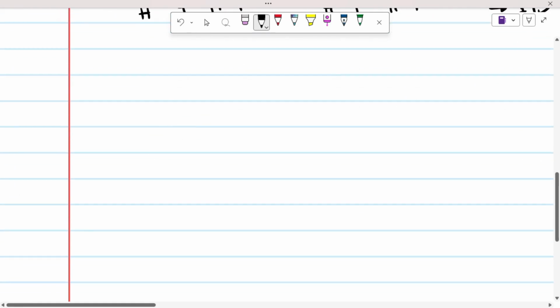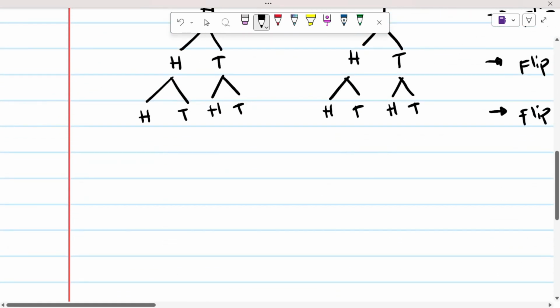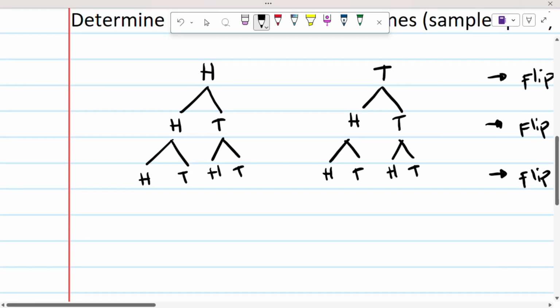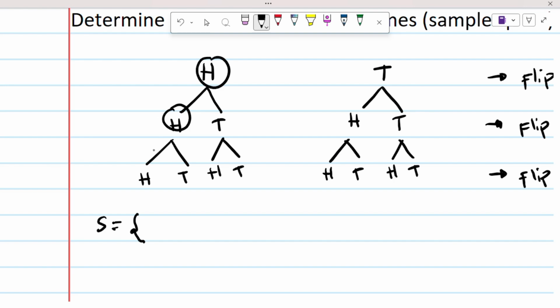Now, if we list all of the possible outcomes, or shall we say, the sample space, we write our sample space, usually denoted by the capital letter S. Let's go back to our tree diagram. If our first flip is head, our second flip is head, and our third flip is head, we have this first outcome, head, head, head.